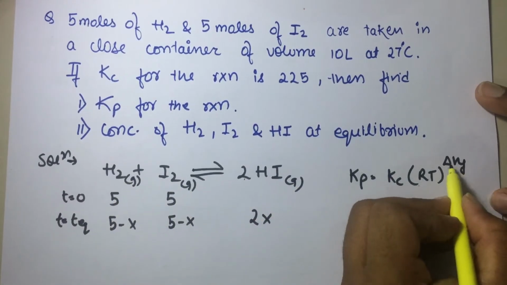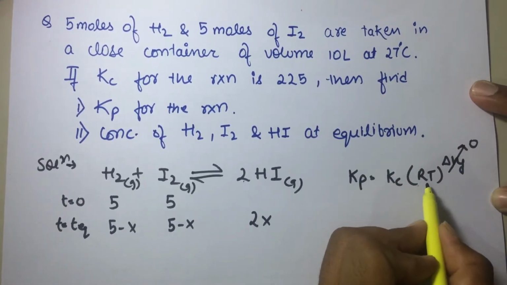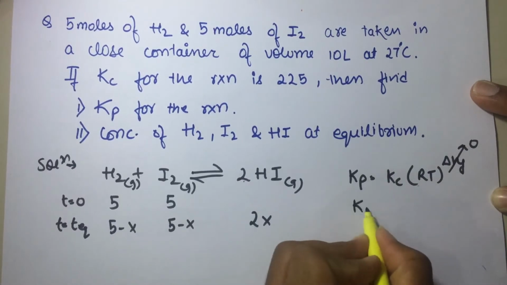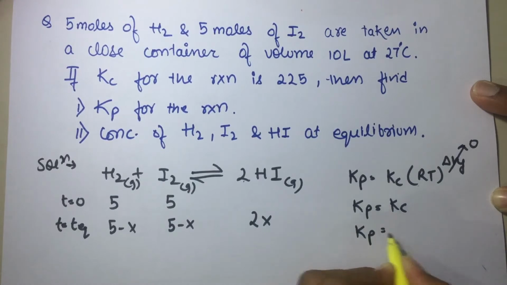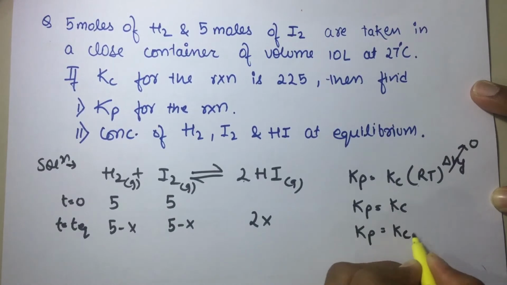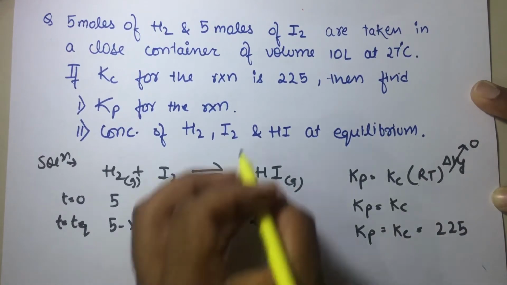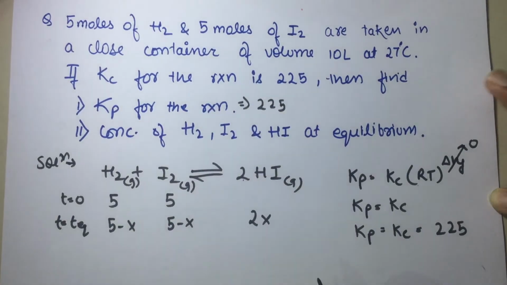So delta Ng is 0, and RT to the power 0 is 1. So Kp becomes equal to Kc, which is 225. So our first objective is solved. Now we move towards the second part.